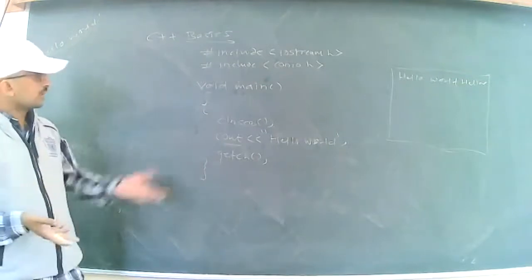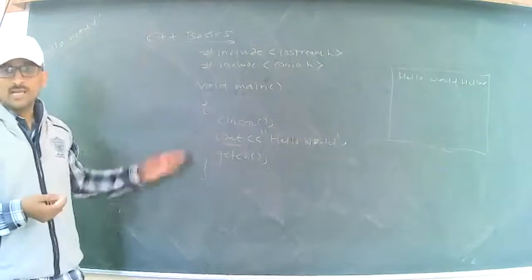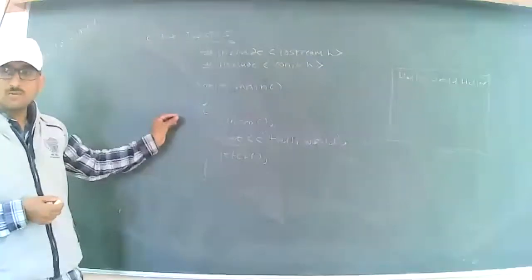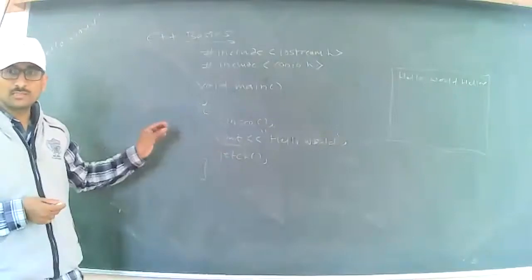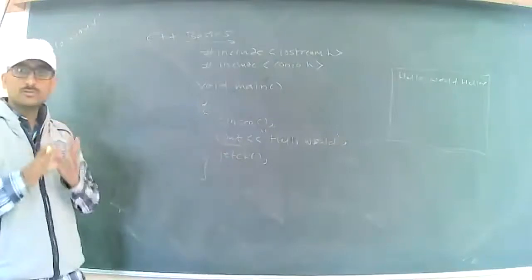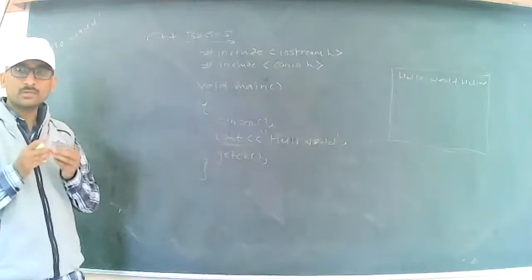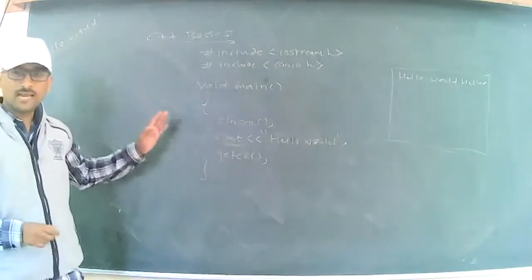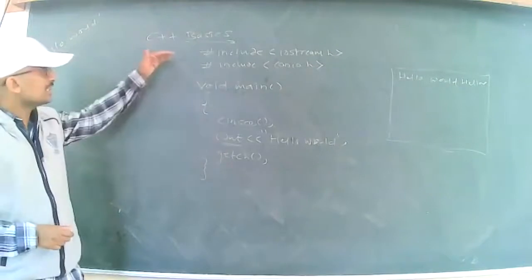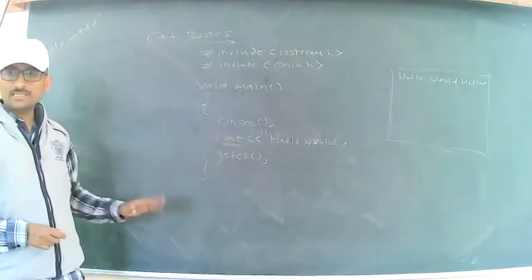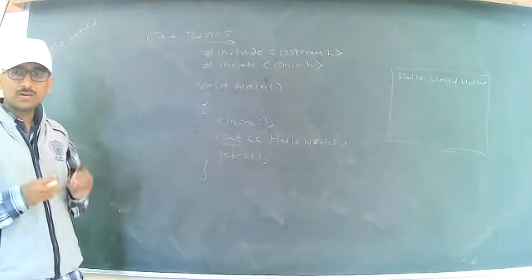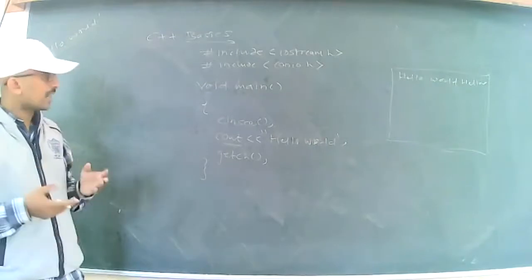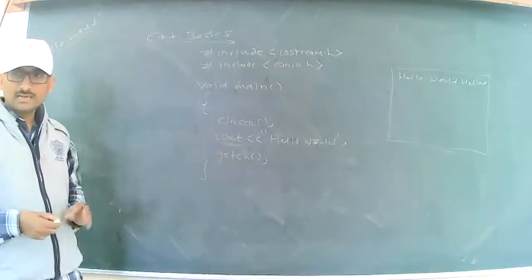Object is there, encapsulation is there, polymorphism is there. This program is a very basic program with the help of which you are going to understand how you have to write a program in the C++ programming language, using different kinds of functionalities.